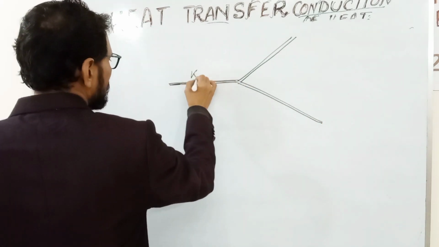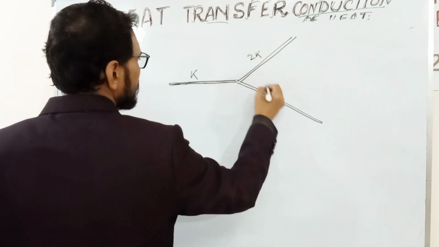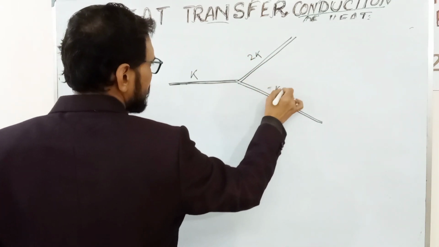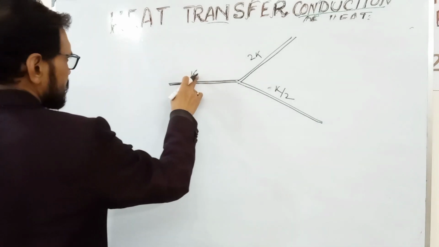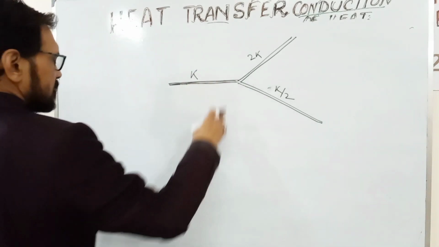Suppose conductivity of this rod is K, this rod is 2K, this rod is K by 2, double and half of this conductivity. In this way the questions are given.